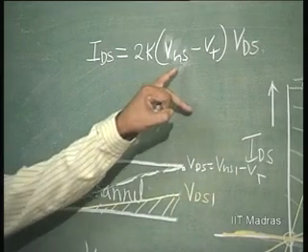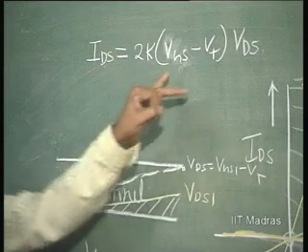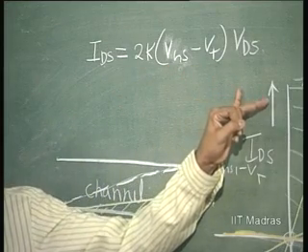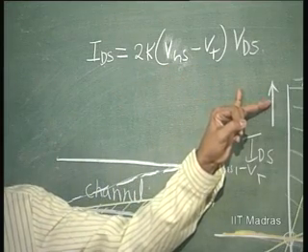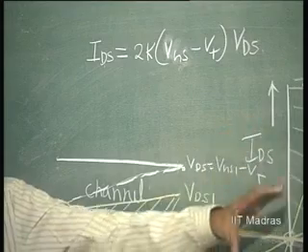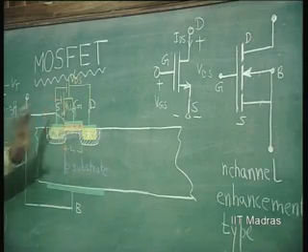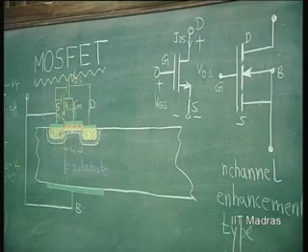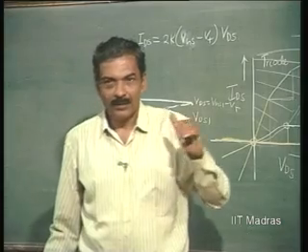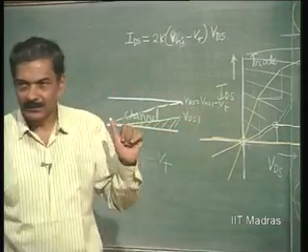So, it is understood that IDS depends upon VGS minus VT. Why? Because the channel width depends upon VGS minus VT. The conductivity increases as VGS minus VT increases, or resistivity decreases.